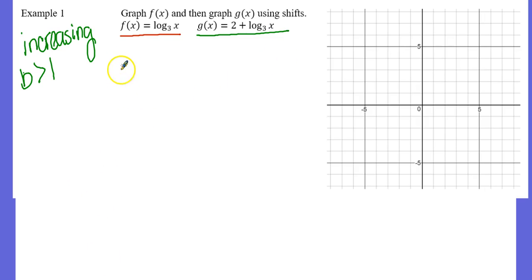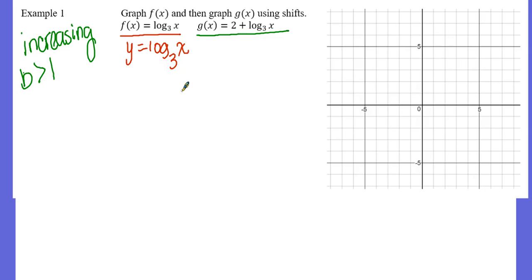Okay, so let's start with graphing log base 3 of x. Now that might not be comfortable for your eyes. That might not make you feel very secure. So I think first, let's change it from function notation to xy notation, y equals log base 3 of x. So let's make it a little more familiar.